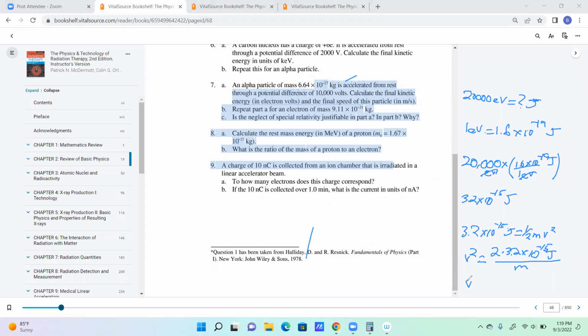So it'll be the square root of that, whatever that answer happens to be. Let's find out what that is.